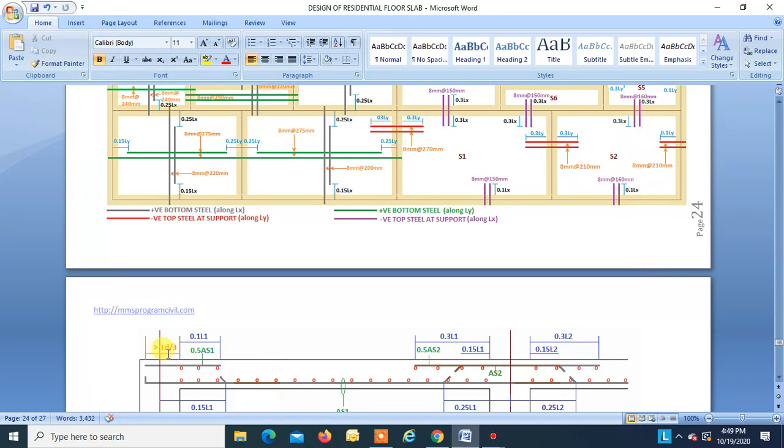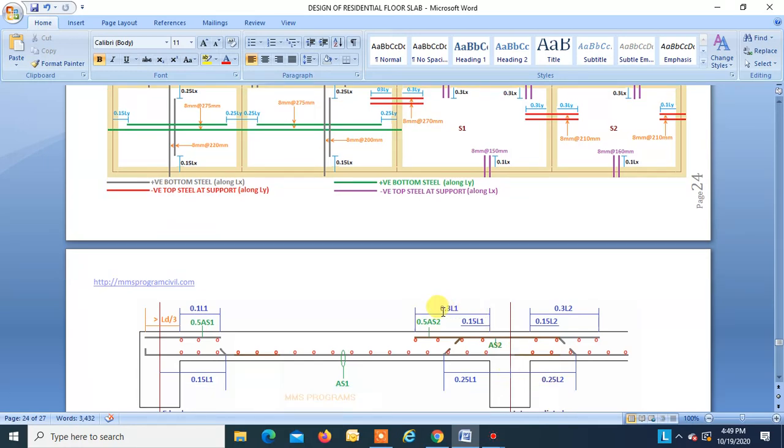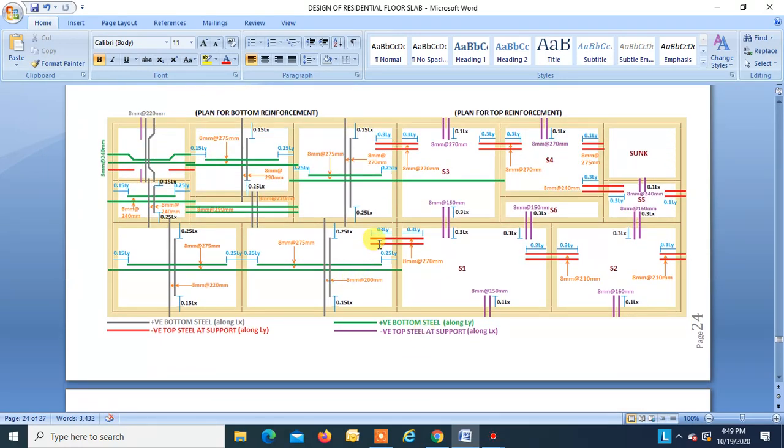When the slab is continuous, you have to take 0.3 L. So over here you can see 0.3 Ly, 0.3 Ly, 0.3 Lx, 0.3 Lx, right? So this is how you do the detailing of the reinforcement.